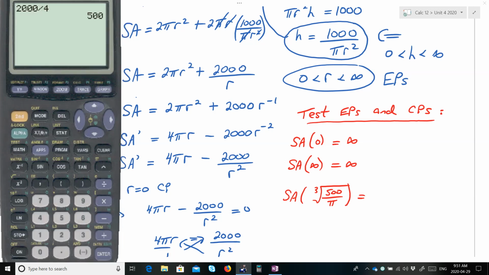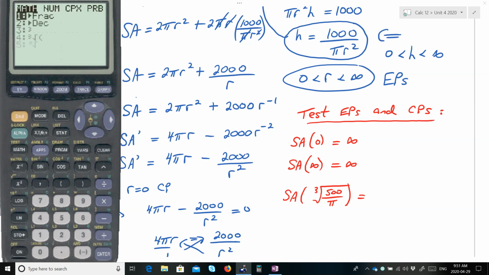Okay, so I wonder if we can actually graph this. The surface area function is 2 pi r squared, but we have to use x. So y is really surface area, x is radius, plus 2,000 over x. Graph that. And let's get a sense of where our critical point is.